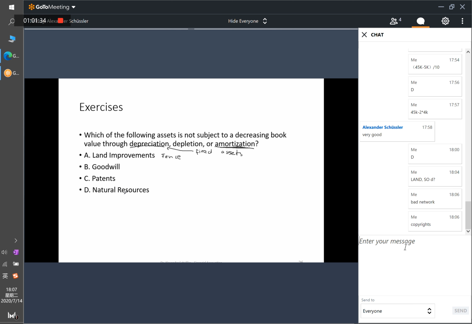Natural resources is, for example, an oil well. This is natural resources, and it's depleted. What does not lose value is the goodwill. Goodwill does not lose value. What is goodwill?